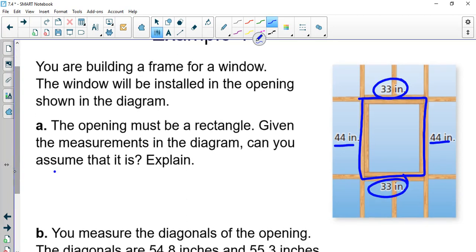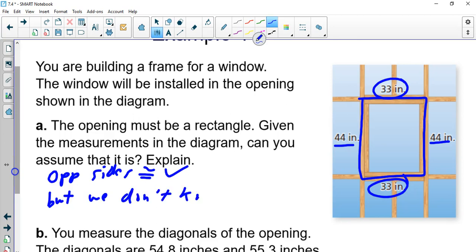So, opposite sides are congruent, but we don't know the angles. So we cannot assume right angle or rectangle.